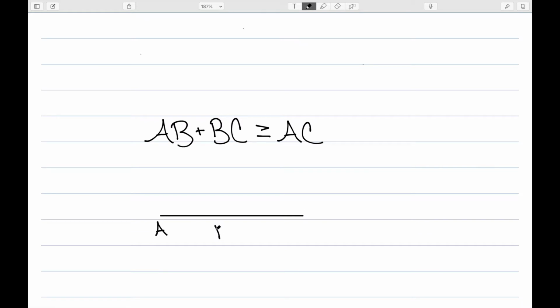If I have A, B, C on a line, then the distance between A and B plus the distance between B and C is equal to the distance between A and C. Other than that, for an actual triangle like the one we were just discussing, we would need the distance from A to B plus the distance from B to C to be greater than the distance between A and C. So this can also be explained by the idea that the shortest distance between two points is a straight line.